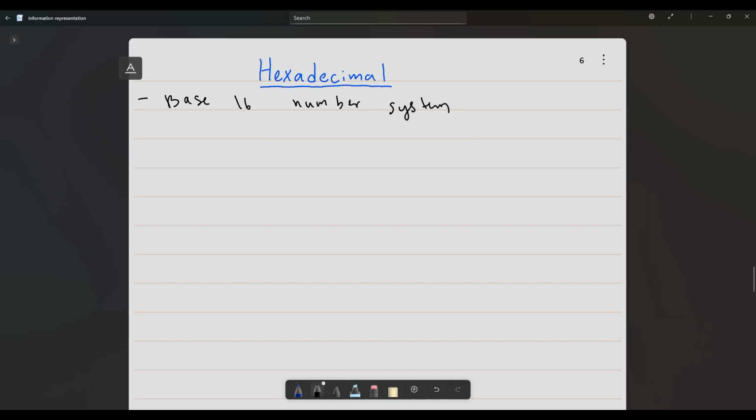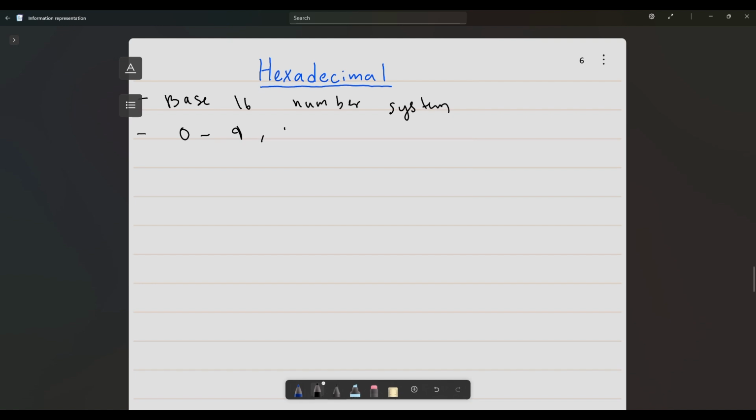So here's the interesting part. The characters we can use in the hexadecimal number system: starting like binary, you can use 0 to 9, which represents 0 to 9, just the actual 0 to 9.